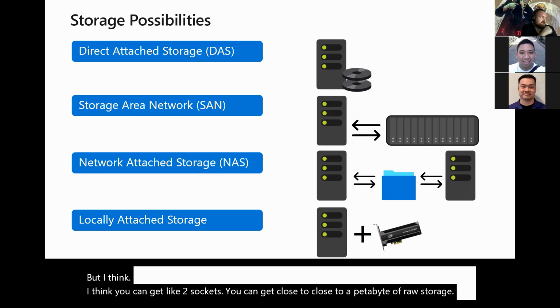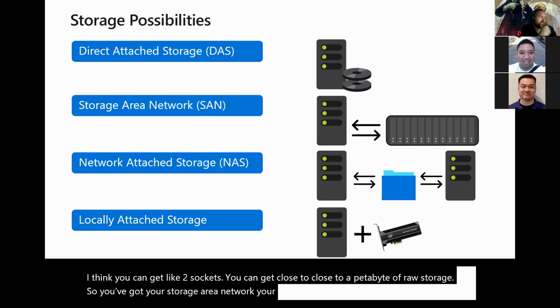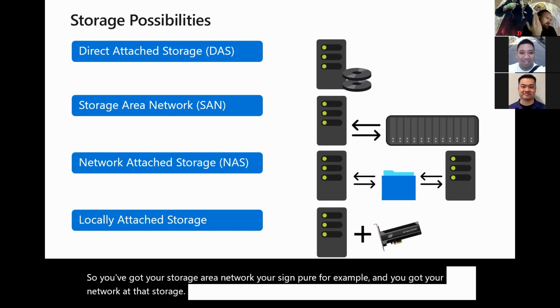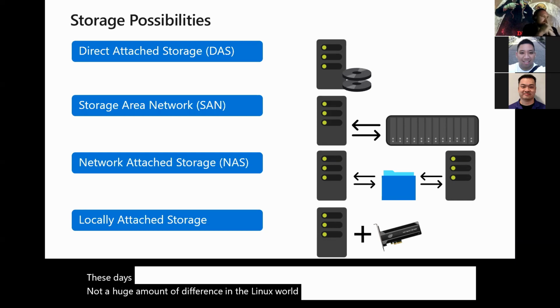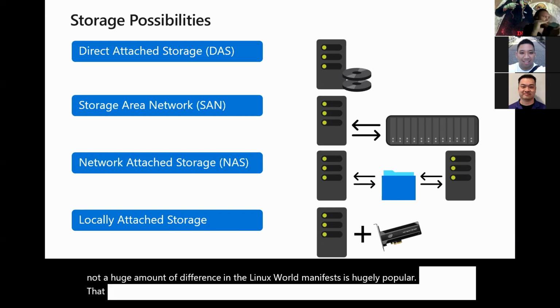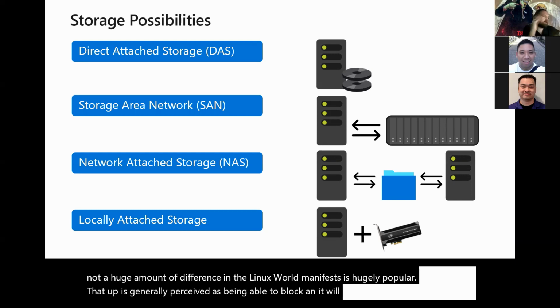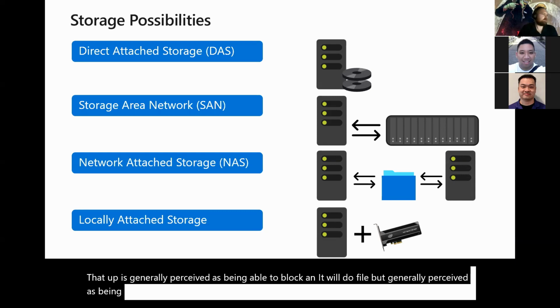You've got your storage area network, your SAN, Pure, for example, and you've got your network attached storage. These days, not a huge amount of difference. In the Linux world, NFS is hugely popular. NetApp will do block and it will do file, but is generally perceived as being more file based.